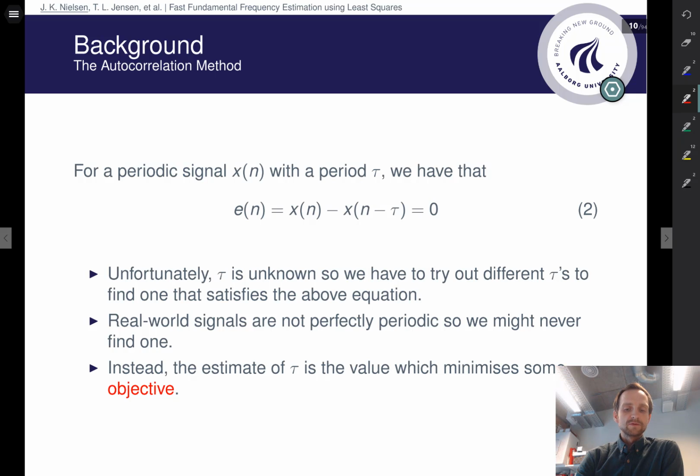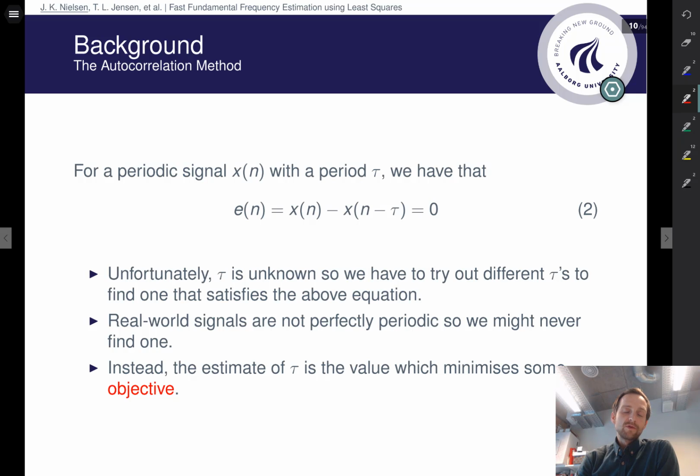So that means that if we subtract the two from each other, the error should be 0. In practice, we don't know this tau, so we have to try out different taus and find the one that will satisfy equation 2 up here.